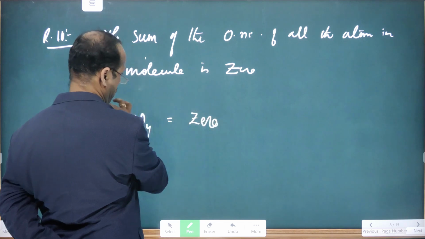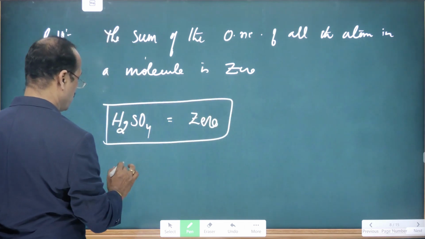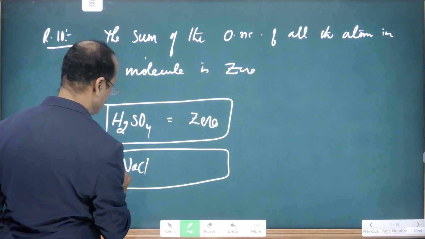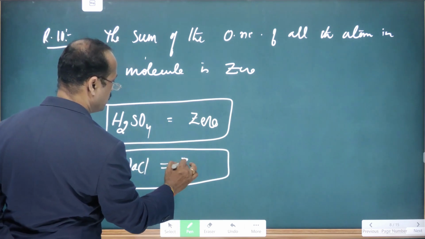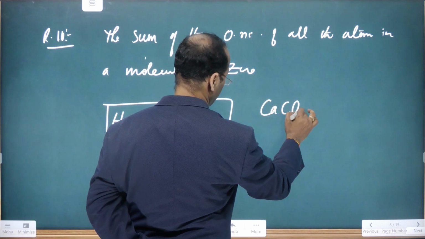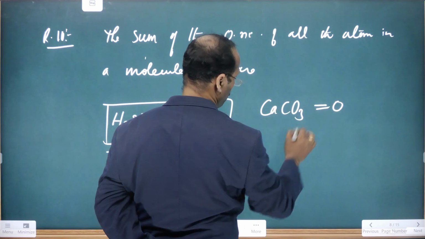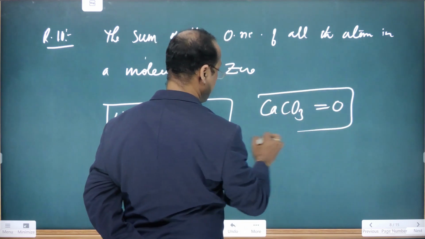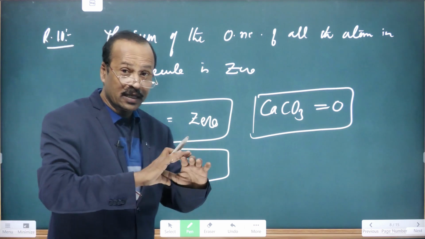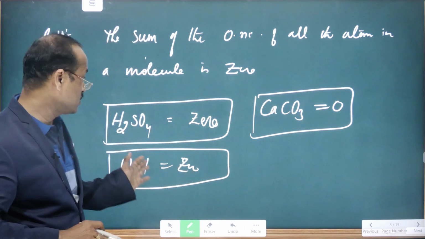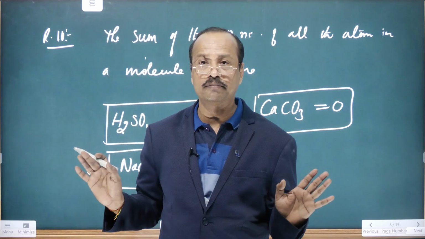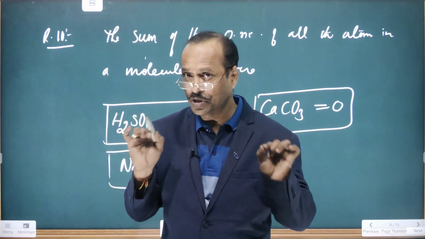You have to remember this one. If I write sodium chloride, the total is equal to 0. If I write calcium carbonate, CaCO3, here also that is 0. Any individual molecule I take, the sum of the oxidation numbers of all the elements in the molecule is 0. This is the most important point.